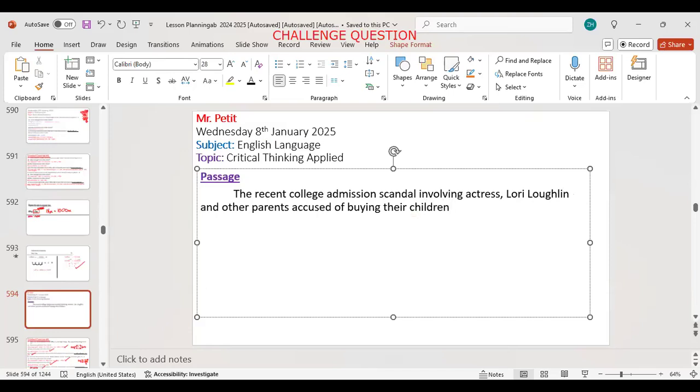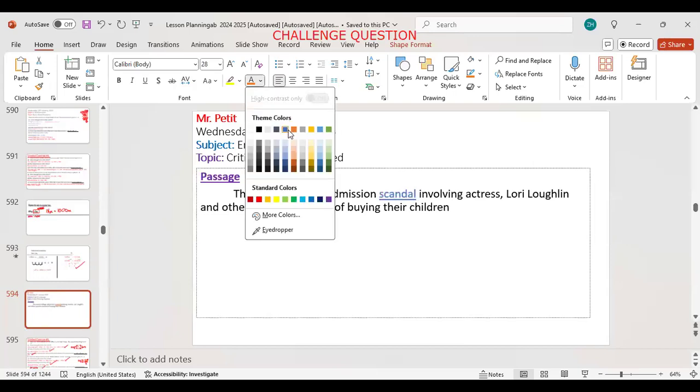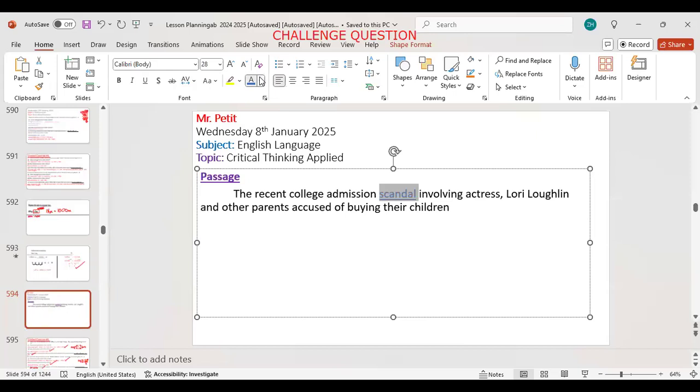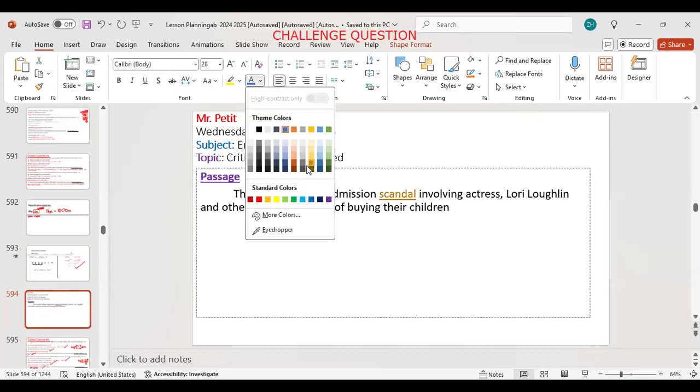You're writing this down. So the recent college I mentioned, scandal is a good vocabulary word. If you don't know what scandal means, please look that up. But it's basically when you commit fraud, usually involving money.